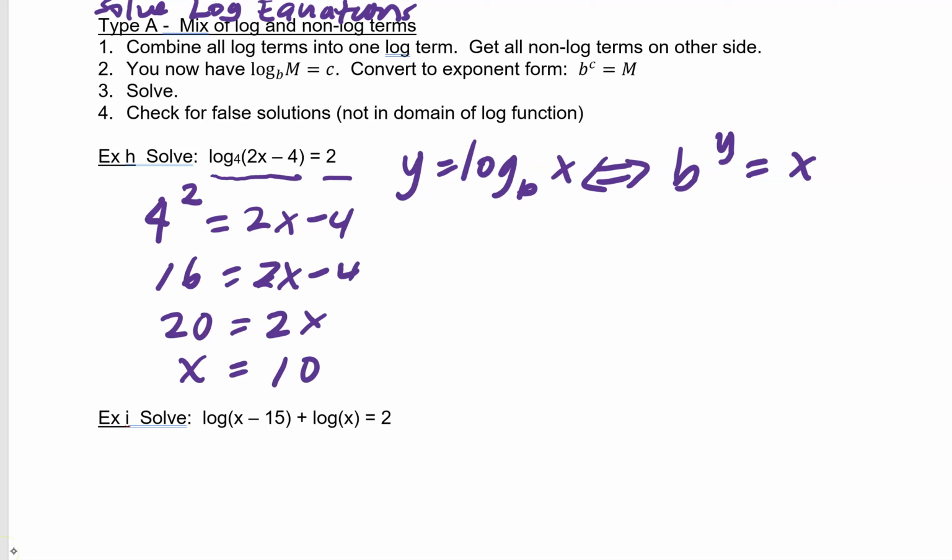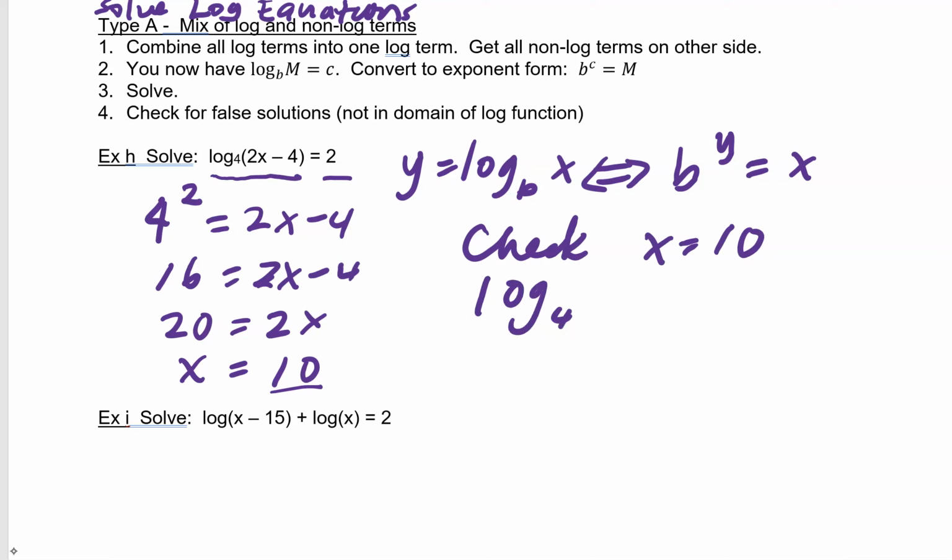That feels really good, but before we accept that as a final solution, we always have to check our potential solutions in the original log equation, because remember, we're not allowed to have the log of either 0 or a negative number. So when we plug that back in, we're going to again check the solution that x is equal to 10. We get log base 4 of 2 times 10 minus 4, and we're going to ask, is that equal to 2?